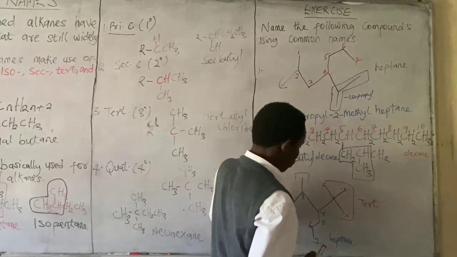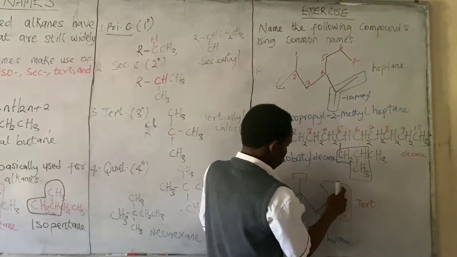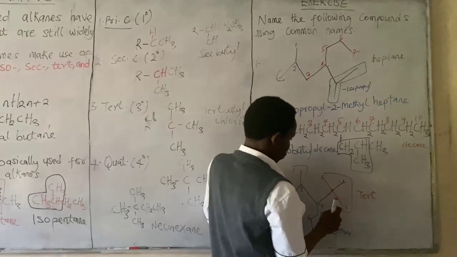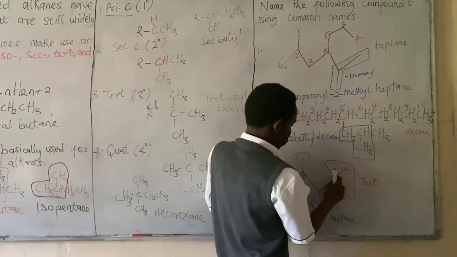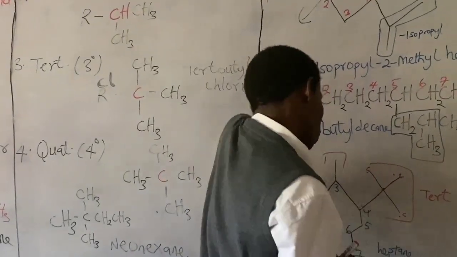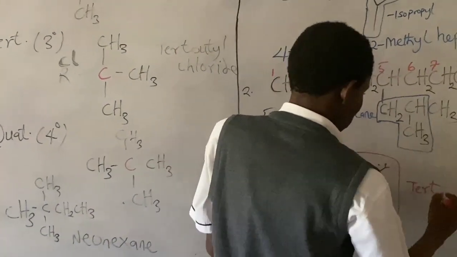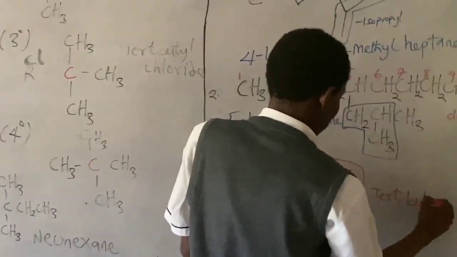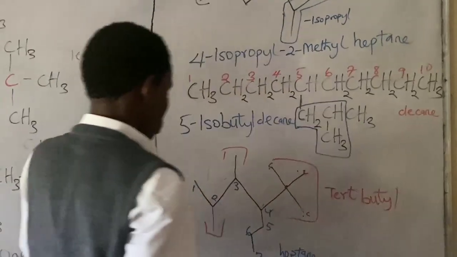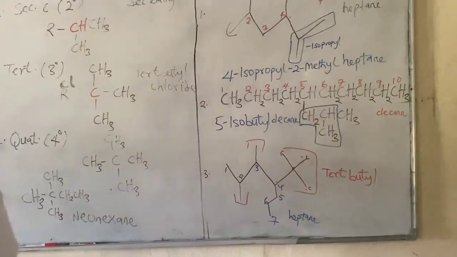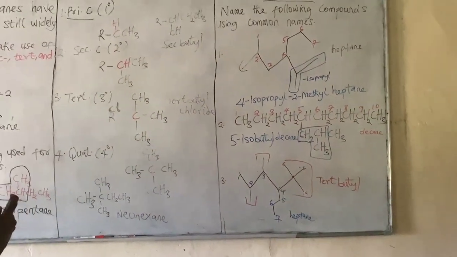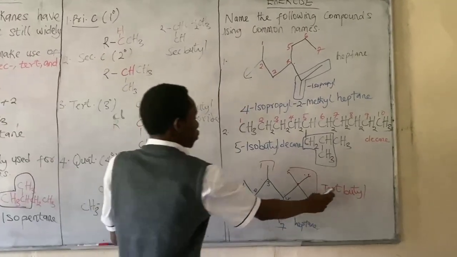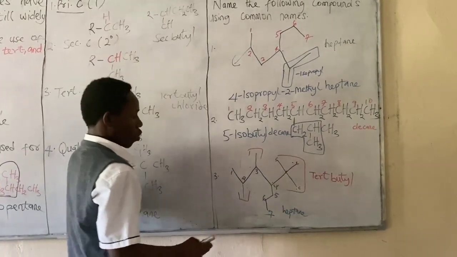And then we'll count the number of carbon atoms: 1, 2, 3, 4. So it will be tert butyl. So what then will be the name of this compound?